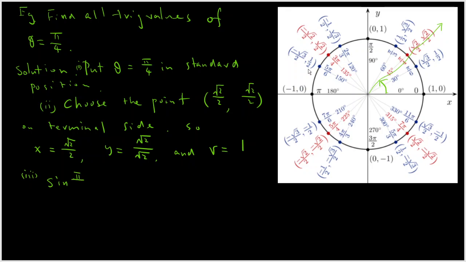Now this time the angle is pi over 4. Sine of pi over 4 is y over r, right? I'm going to write the formula for this particular case. It's y over r, which is equal to square root of 2 over 2.